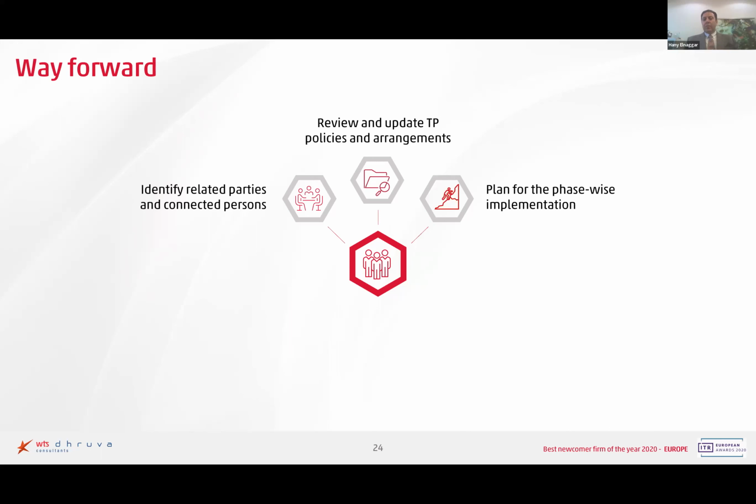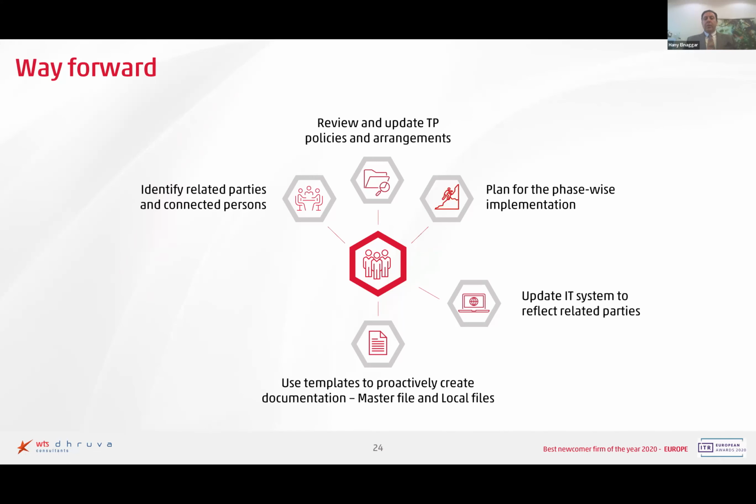Then we can plan a phase-wise implementation, which we highlighted in the table between 48 million, about 40 million, and 100 million. Then we need to update our IT system to reflect the related party transactions and the position we are taking. We use a template to proactively create the documentation, master file and local file. The last one is to identify benchmarking requirements, so we have a proper benchmark in place, which we will use in preparing the local file or provide to ZATCA during audits or any discussion or queries raised by ZATCA in KSA.